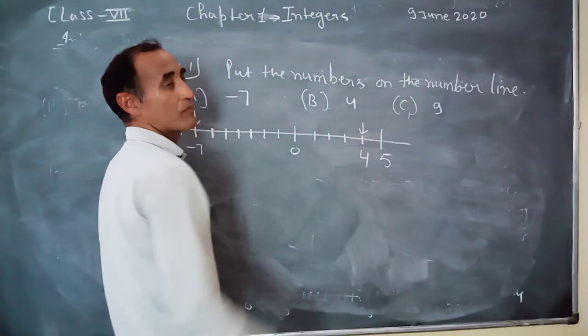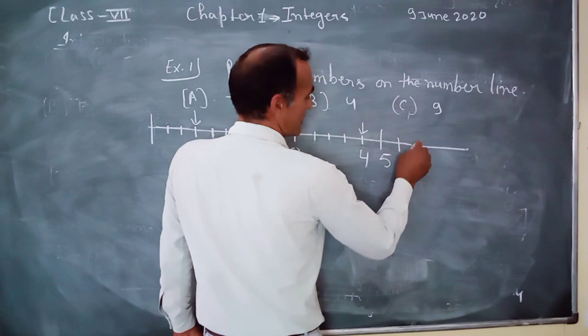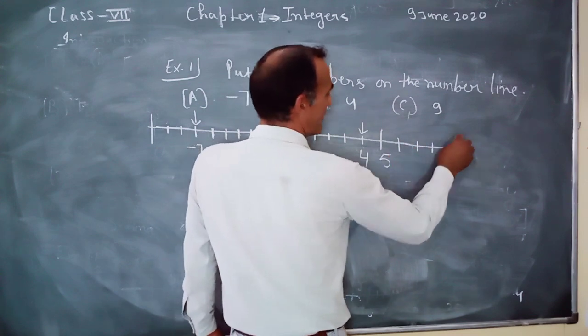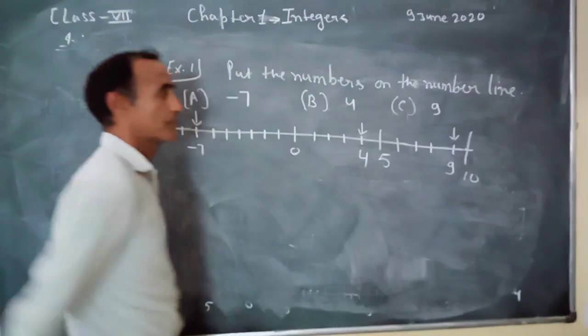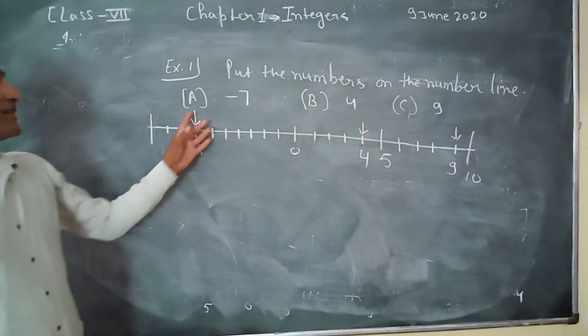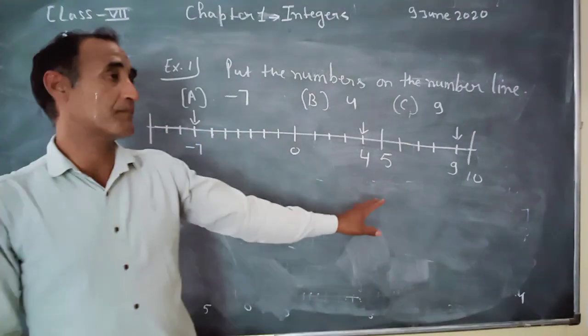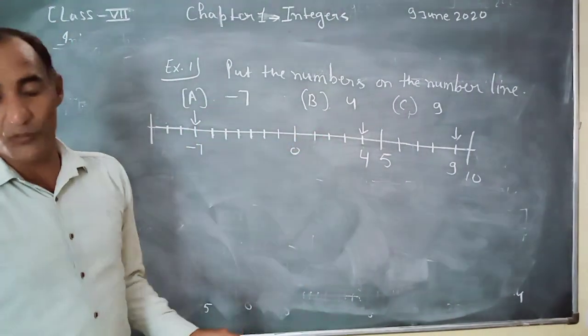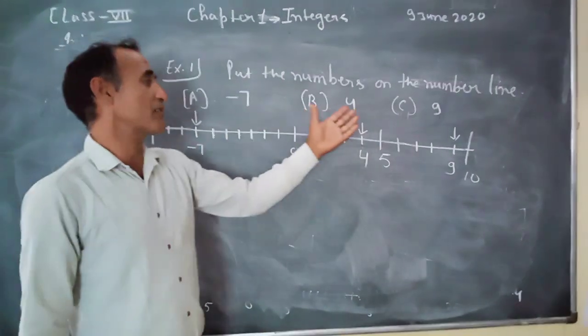So here we continue 6, 7, 8, 9, 10. So here 9. So these are 3 examples. We put the 3 numbers on one line. You draw a different line. So you put -7, 4 and 9.